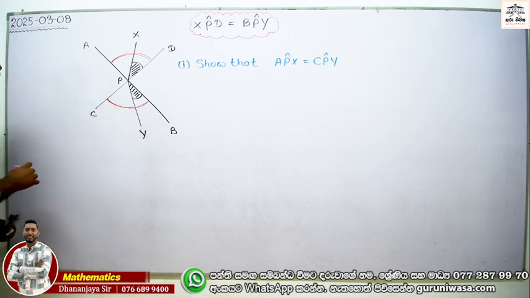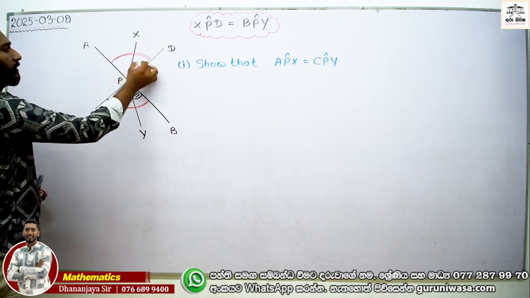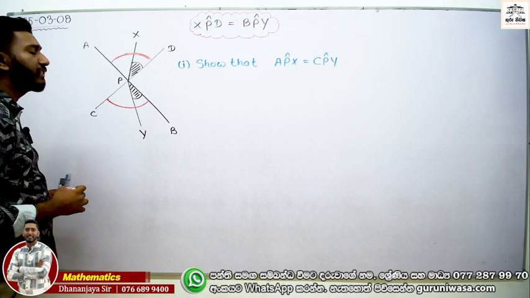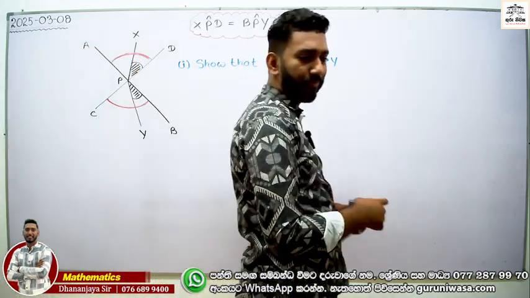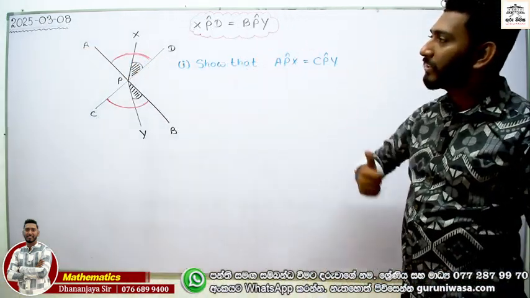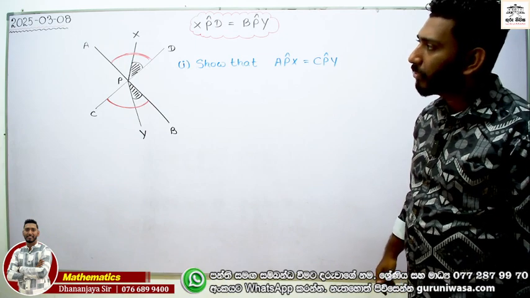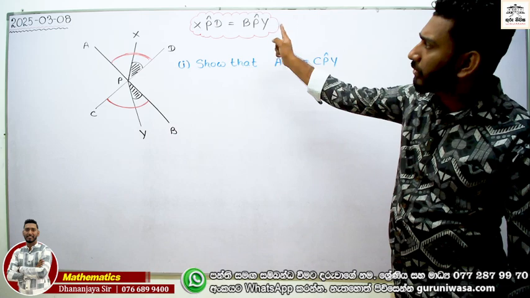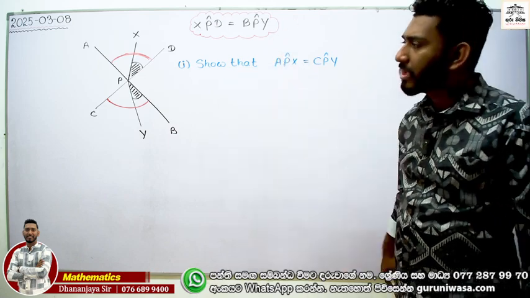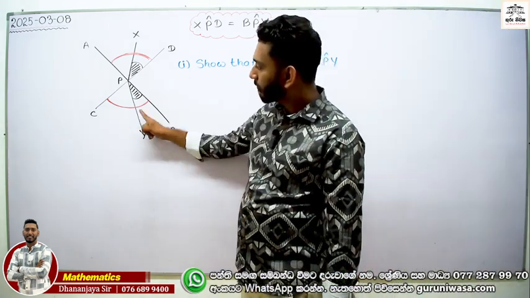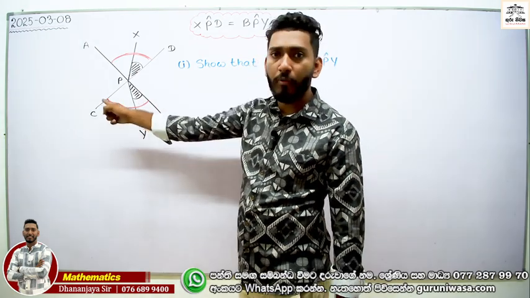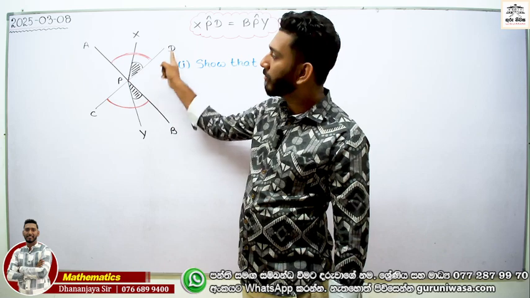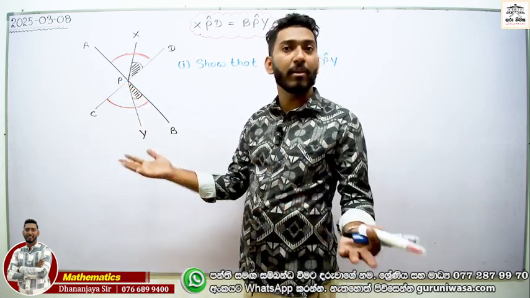What is the reason? The reason is vertically opposite angles. Yes, you know, right? Vertically opposite angles. Therefore, XPD equals BPY. Now we can subtract this angle from the whole one and this angle from the whole one, then the quantity becomes the same.